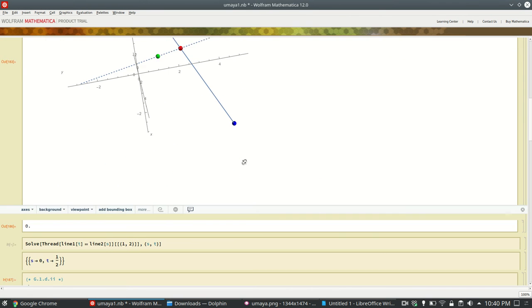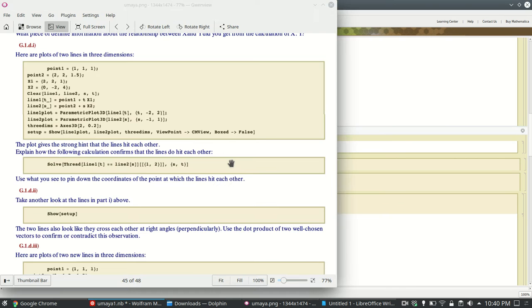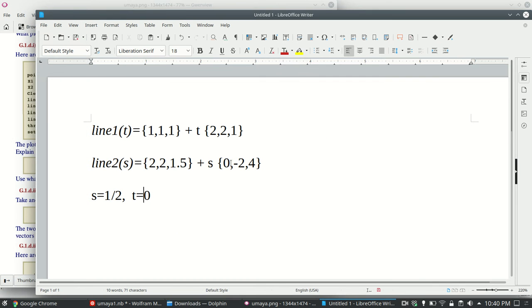We had s equal to 0 and t equal to 1/2. Sorry. So s equal to 0 and t equal to 1/2, then okay, sorry about that. Then what do you get?